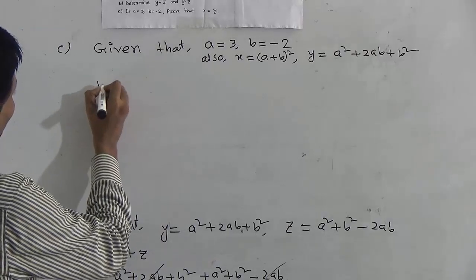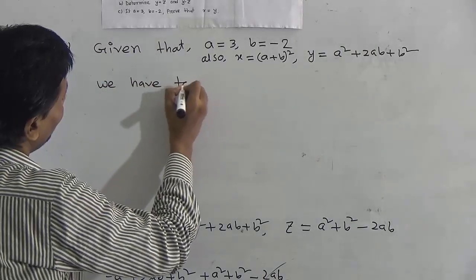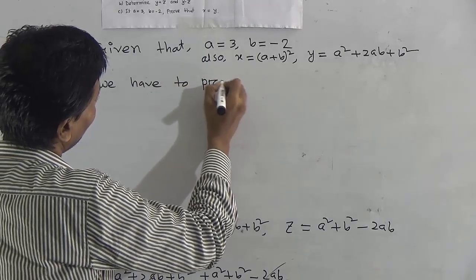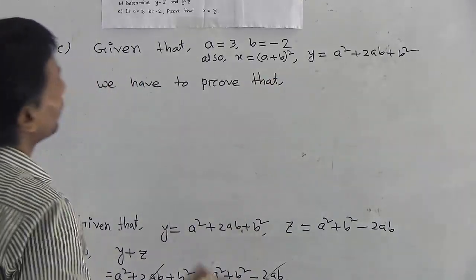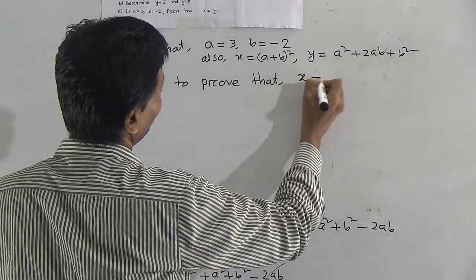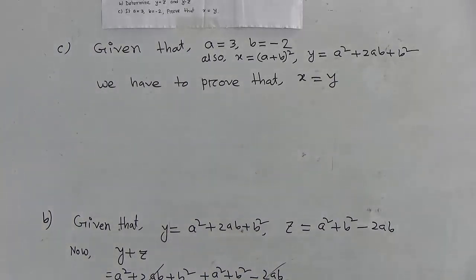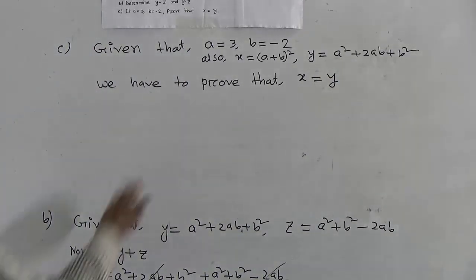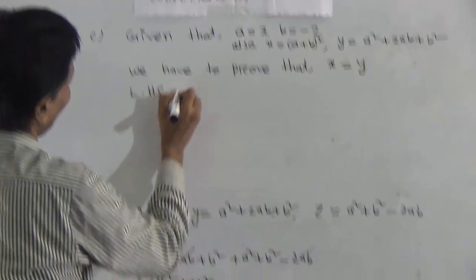All right, we have to prove that x equal to y. Okay, now you see the question. This is the left hand side and this is the right hand side. Now write here left hand side.